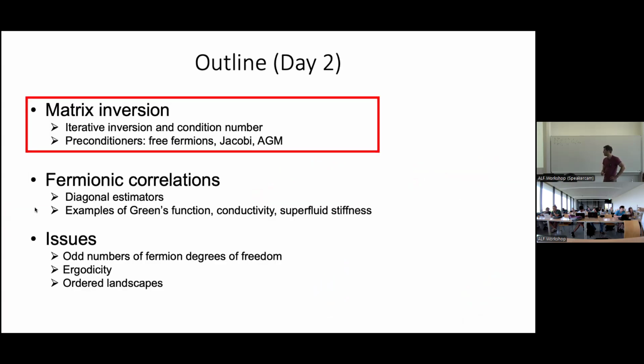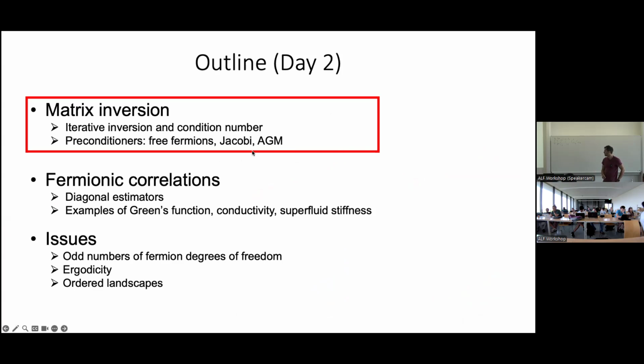So today I'll talk about the other bottleneck of the method, the other part of the cost, which is the cost per operation that you do, which is this matrix inversion. If you remember, there's this D inverse that you need to take.